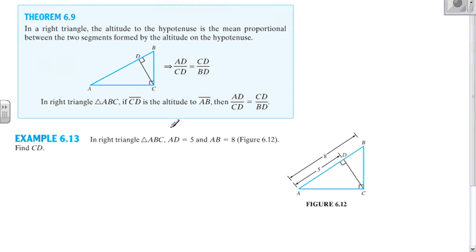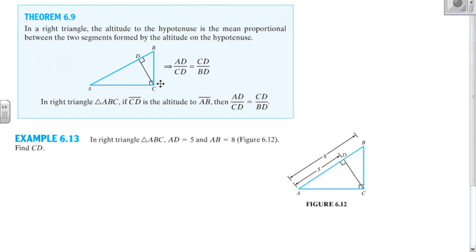Let's take a look at some theorems related to similarity. First, if we have a right triangle and you draw the altitude from the hypotenuse, the length of that altitude is the mean proportional, or the geometric mean, between the two segments formed on the hypotenuse.